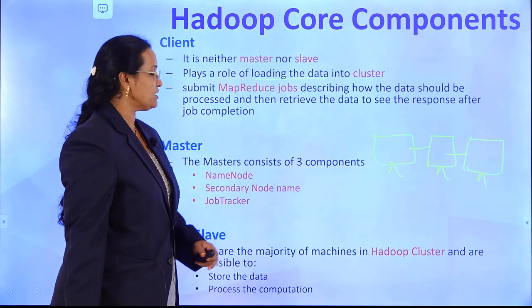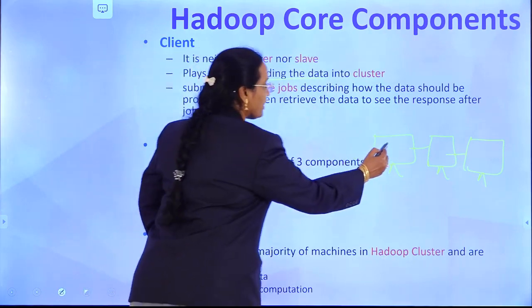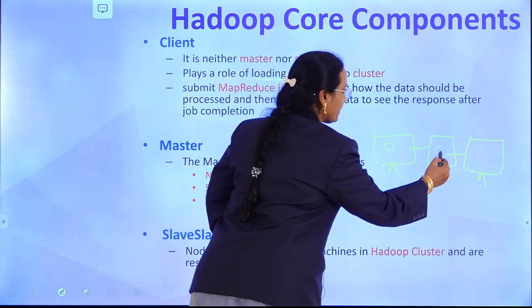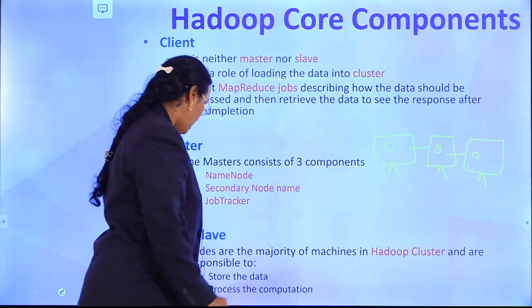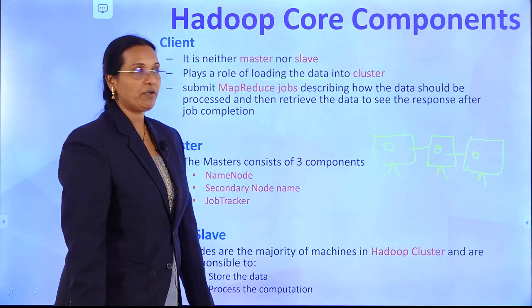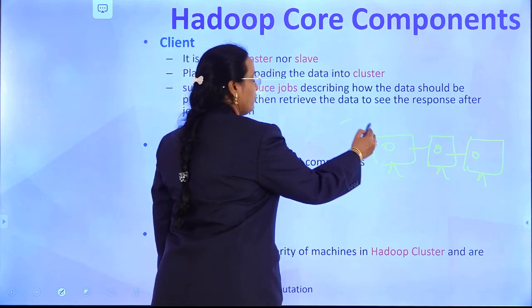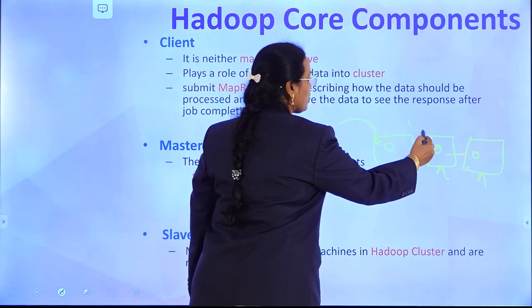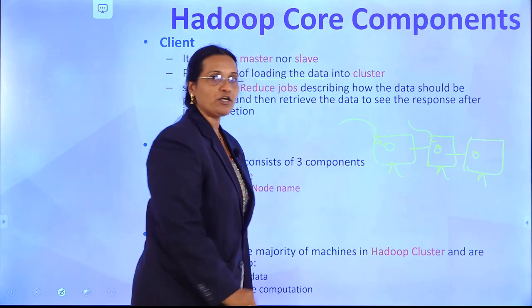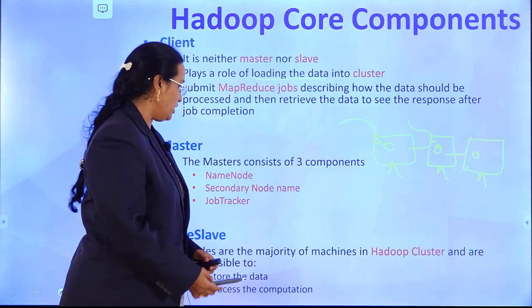What they do is they simply store the data, and they process the computation. That means we send the algorithm and through this algorithm the data will be processed. That is the duty of the slaves.